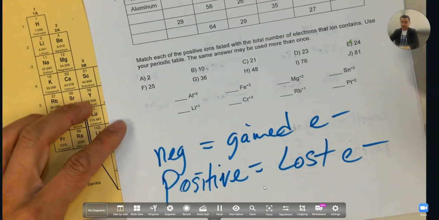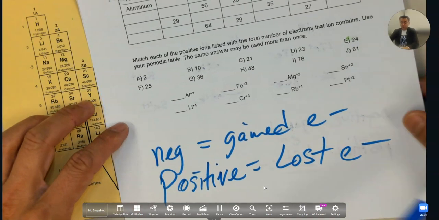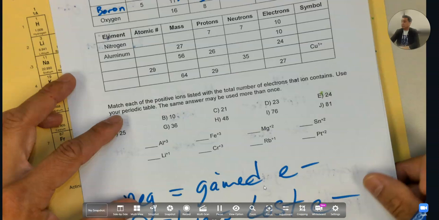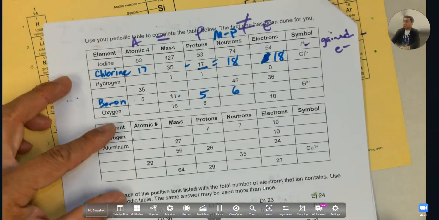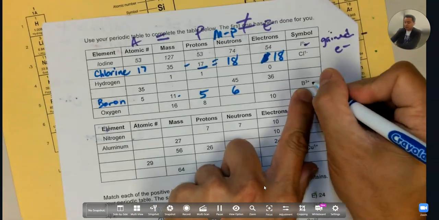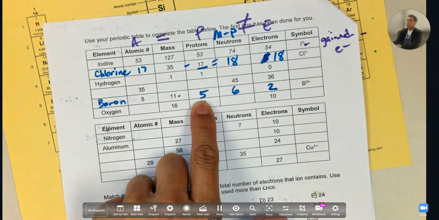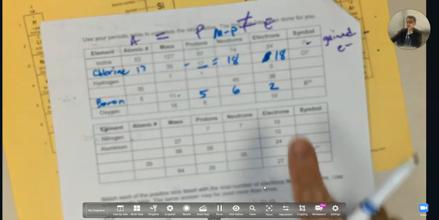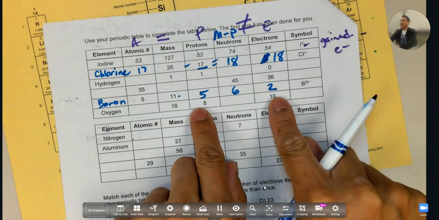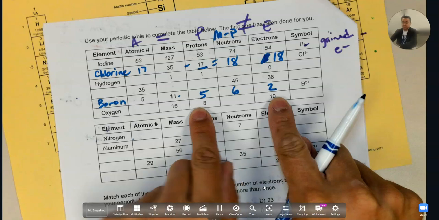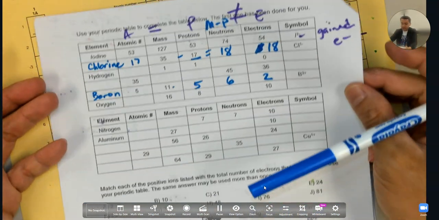You gain more negative in your life, you become more negative. Ooh, that's not good. So lose some negatives in our life, lose some electrons, we become positive. So boron lost 3. Originally it has 5, it lost 3, so now you only end up with 2. So the balance between the protons and electrons will tell you the charge. Pretty straightforward, pretty easy.